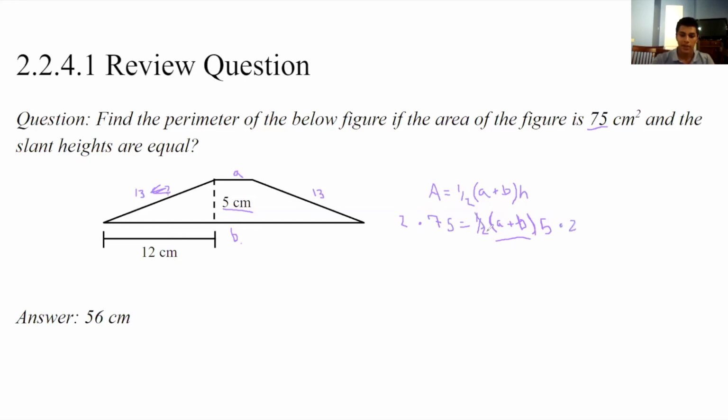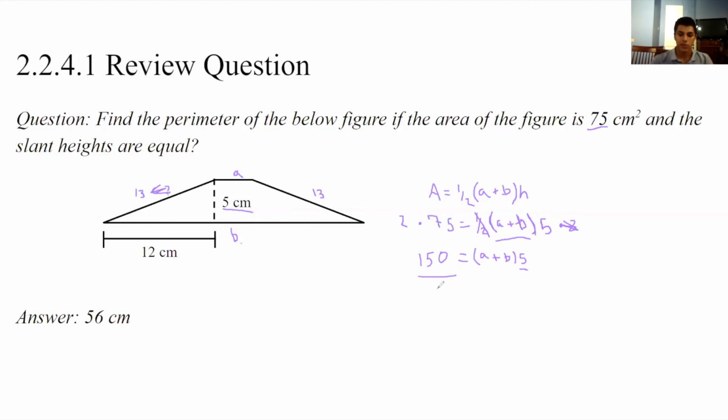Then this 1/2 and then times 2 cancel out, because 1/2 times 2 is just 1. And so that leaves us with 2 times 75, which is 150, equals A plus B, and that doesn't change, times 5. So now our last step is to get rid of this times 5 with the A plus B. And so in order to get rid of a multiplication of 5, we do the opposite operation of the same number. We divide by 5.